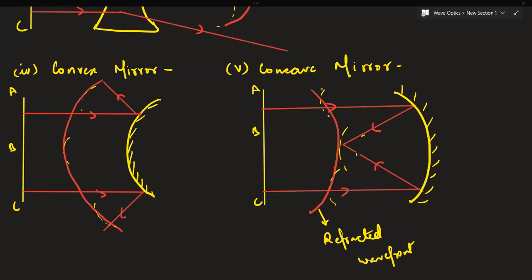In case of convex mirror, the central part B has to cover a lesser distance than the margins. So A and C have to cover a greater distance. Since they have to cover a greater distance, these wavefronts are closer to the mirror. That's why when you join, you will be getting a spherical wavefront. Is this clear now? All the behavior of the wavefronts for various devices. Yes, ma'am.